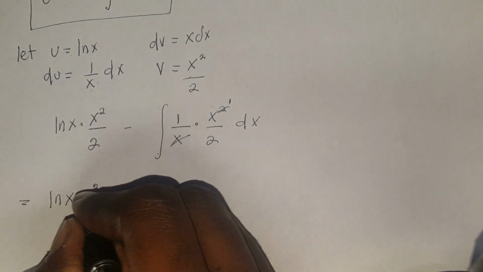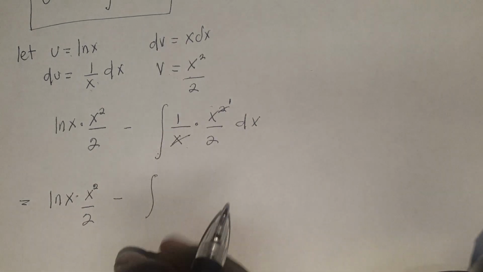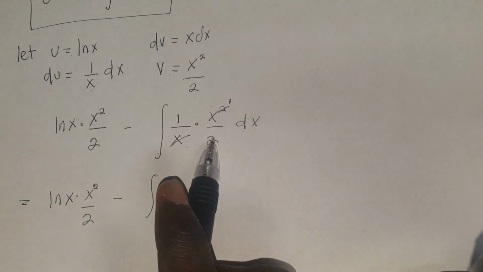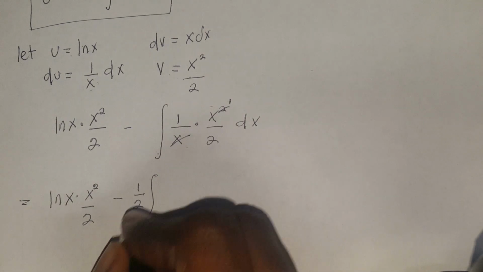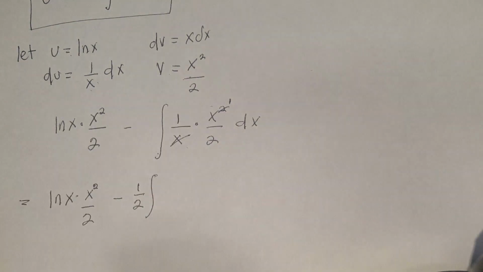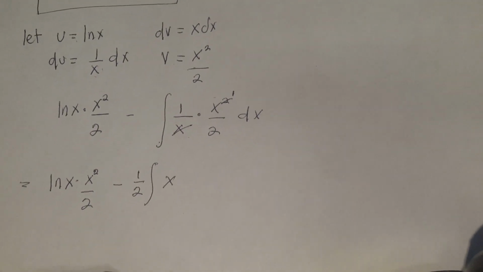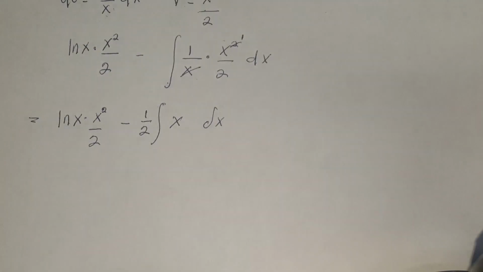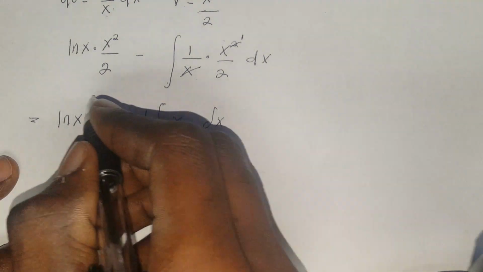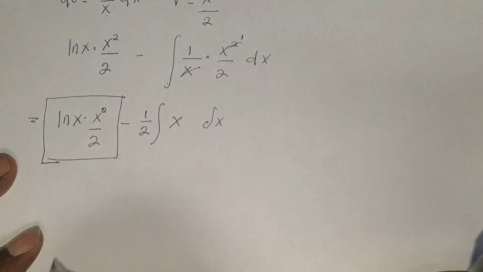multiplied by x squared over 2 minus the integral. We have 1 over 2 here, so we can factor it through the integral sign. That is something that you can do. And we have only one of the x's left, and we have our dx. So this part of the problem is solved because we do not have any integral sign.